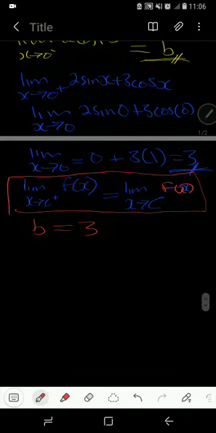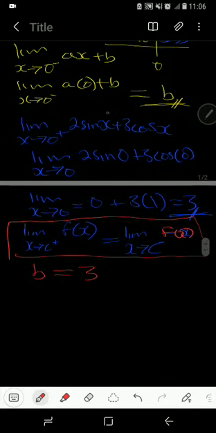So in this case, we can equate: b will equal 3, because the right limit is giving us 3 and the left limit is giving us b. So it means b equals 3.